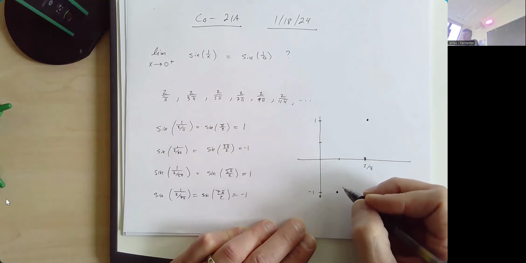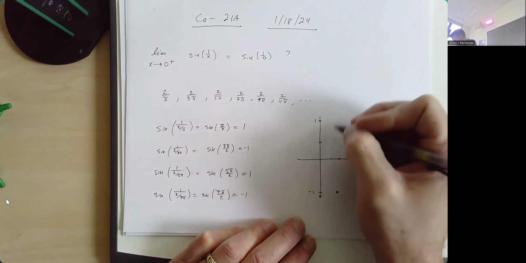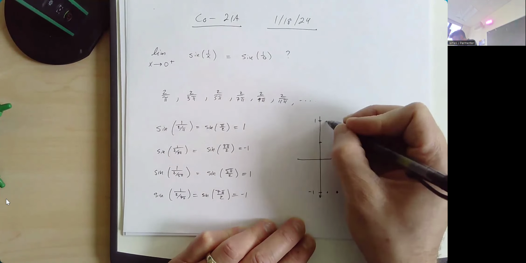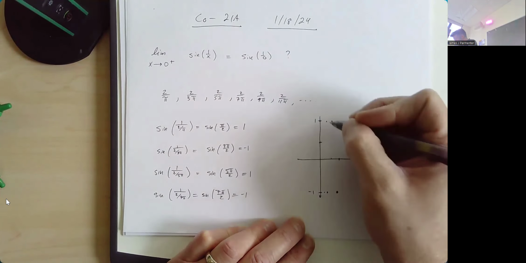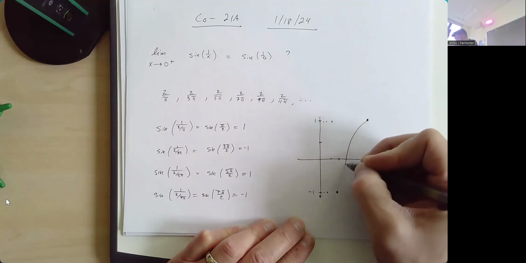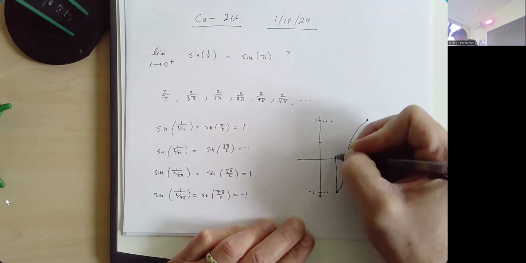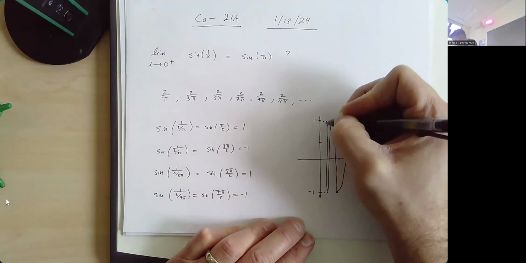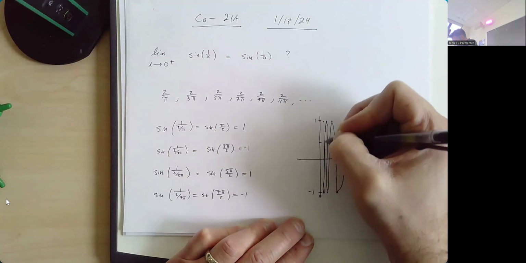And then 2 over 5 pi, which is even much smaller, I'm getting +1. And then 2 over 7 pi. So you can see I'm going to go back and forth between these values an infinite number of times. If I tried to graph this, it'd be something like this. It'd be terrible. And I would have to do this forever.